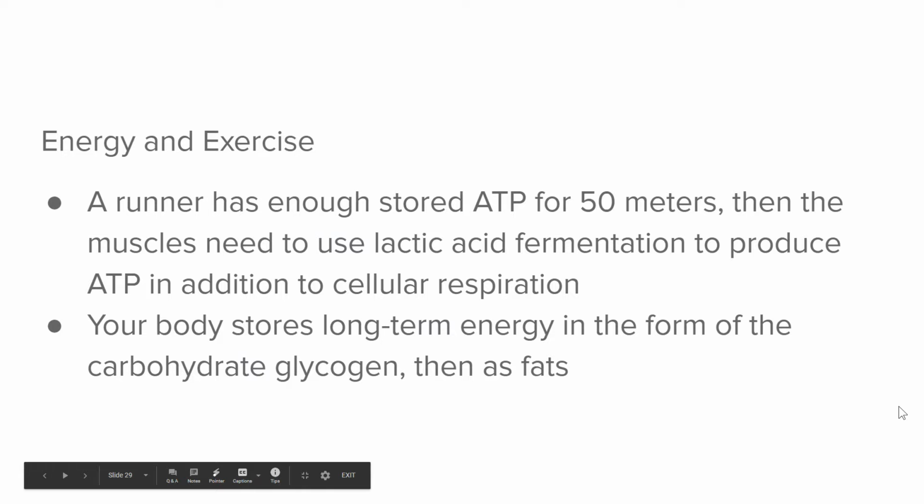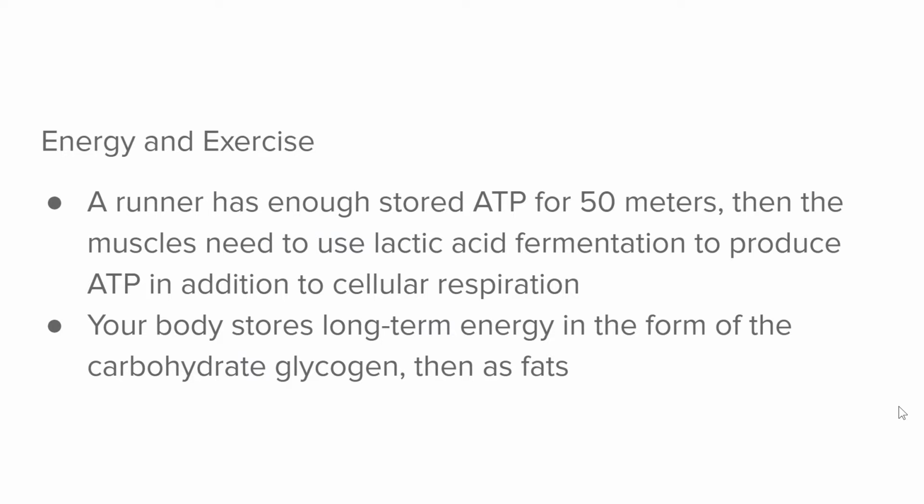So speaking of your muscles and energy and exercise, a runner has enough stored ATP for 50 meters. So think about ATP as your basic form of energy. So you can do a sprint. Then the muscles need to use lactic acid fermentation to produce ATP in addition to trying to go through cellular respiration.